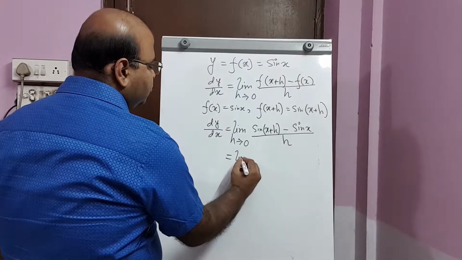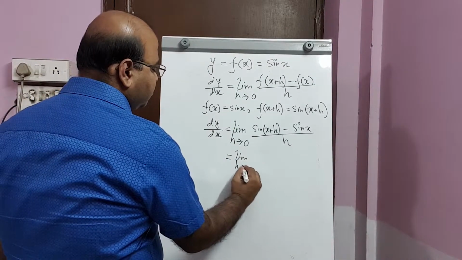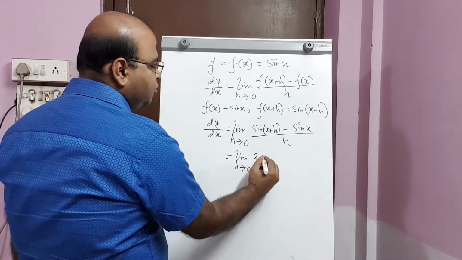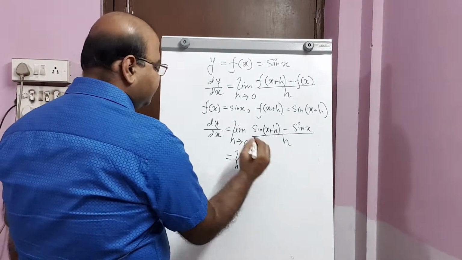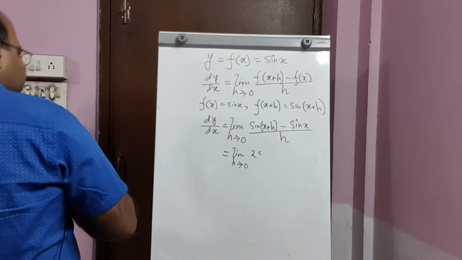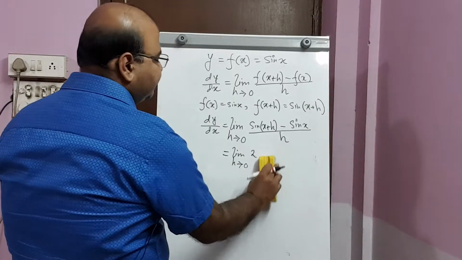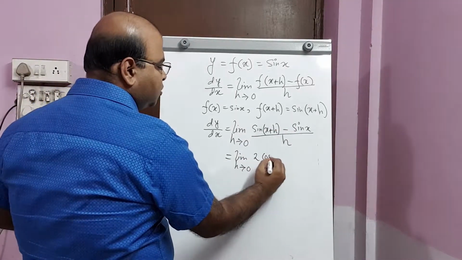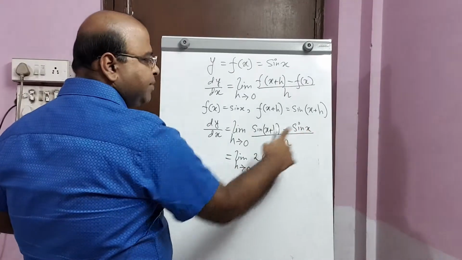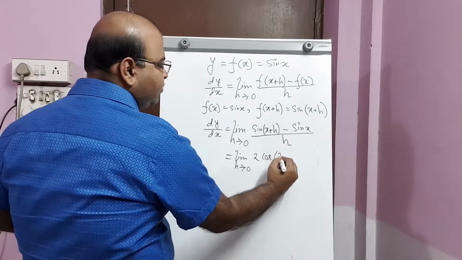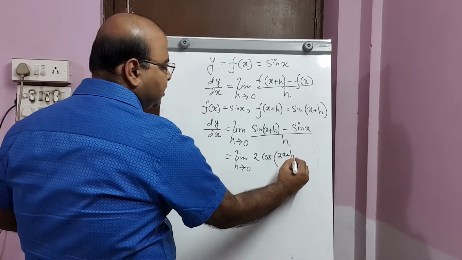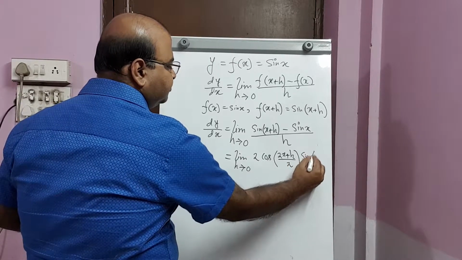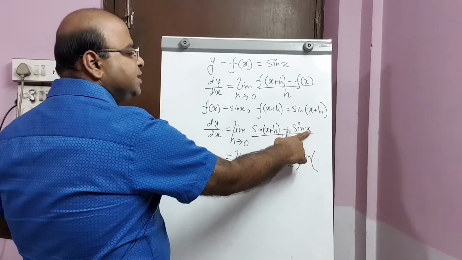So this is equal to limit h tends to 0 of sin c minus sin d. This is given by 2 cos of (c + d)/2. That is the formula for sin c minus sin d. That is 2 cos of (c + d)/2, the sum of these angles, so 2 cos((2x + h)/2) into sin of (c - d)/2.